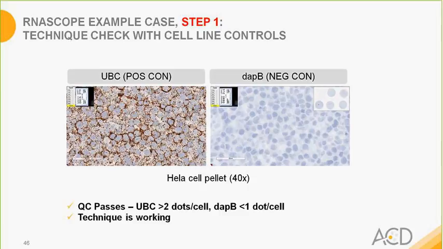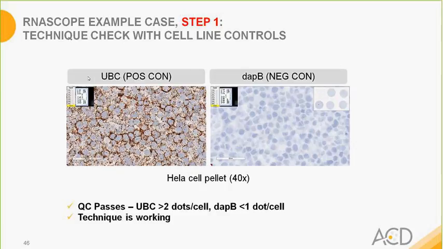The following example provides a step-by-step review of this QC process, in this case on an HPV target probe assay. In this first step, corresponding to step 1 that we just went over in the QC slide, a technique check with cell line controls is performed and shows abundant UBC staining.